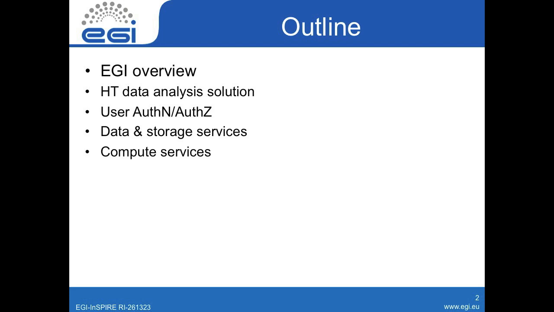And then I will go through the different layers, the different types of services that we are providing to our users. So how users can access the infrastructure, how they are authenticated, how they are authorized to access services, services for data and storage, and services for computing activities.